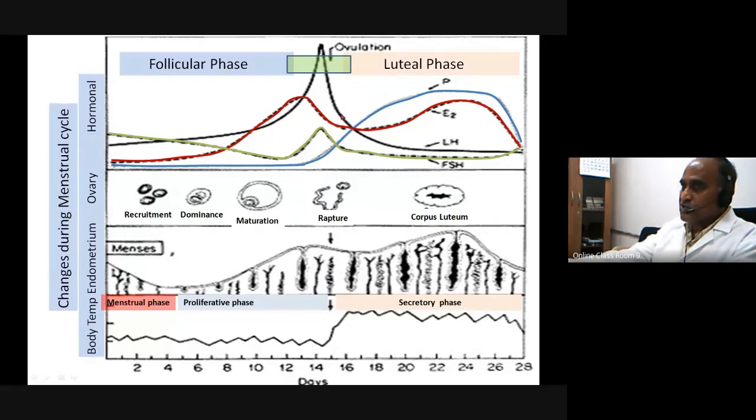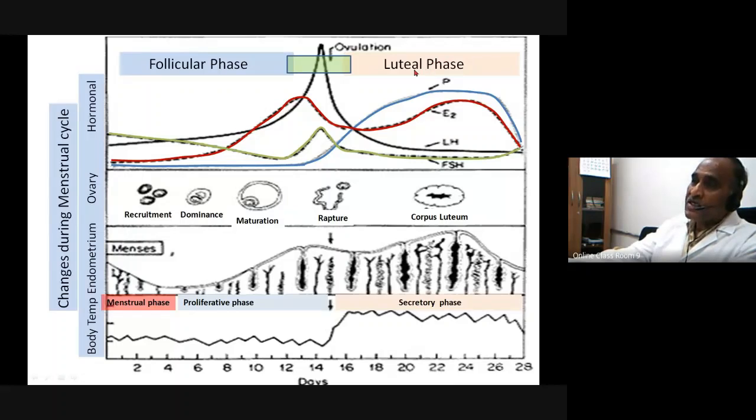Here it becomes a positive feedback. Then after that, again it goes into a negative feedback. So this is FSH. Estrogen is increasing and reaches a peak, and a second peak arrives along with the progesterone peak. Progesterone has only one peak, in the luteal phase of the menstrual cycle.